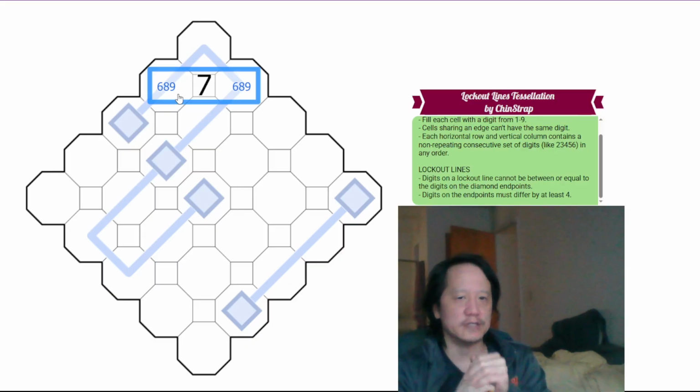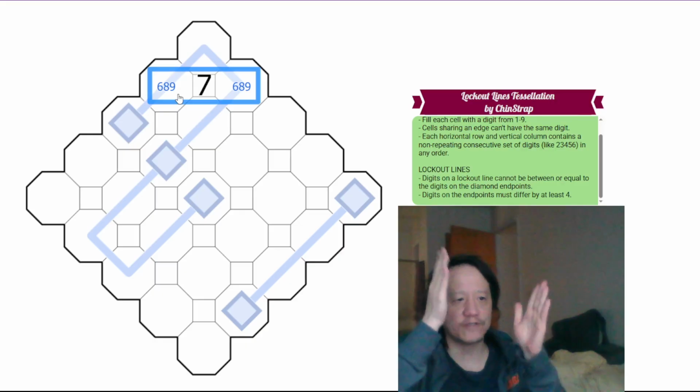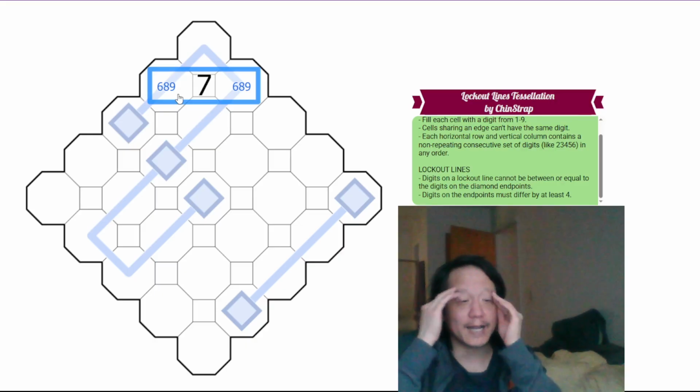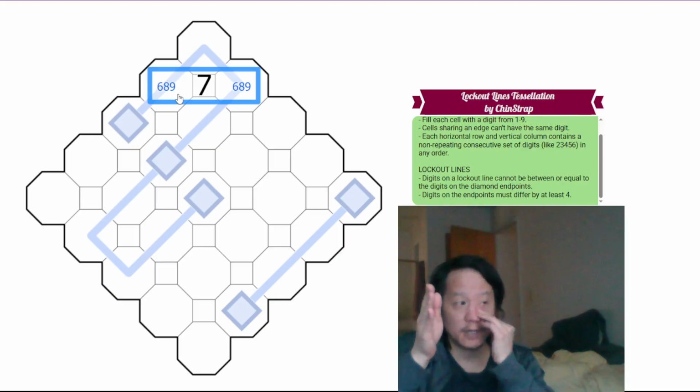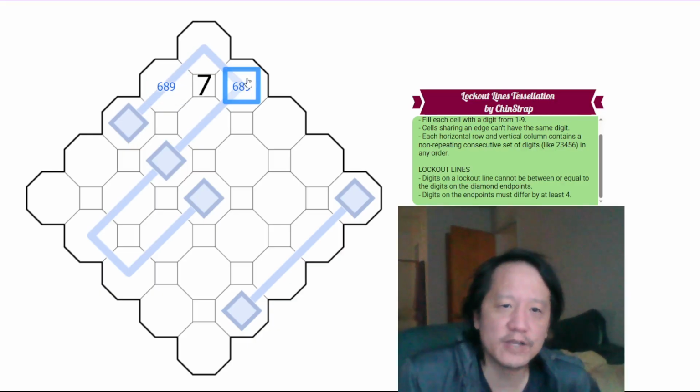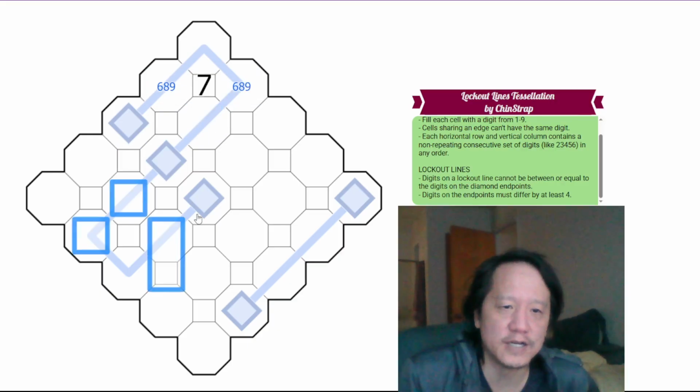But the problem is that would be the same digit as one of the endpoints, right? And if you increase the 5 from the 1, so you had 1 and 6, 1 and 7, 1 and 8, or 1 and 9, or if you decrease the 9, going now 4, 9, 3, 9, 2, 9, or 1, 9, the problem is 5 is going to be in between. So 5 can never be on one of these lines.